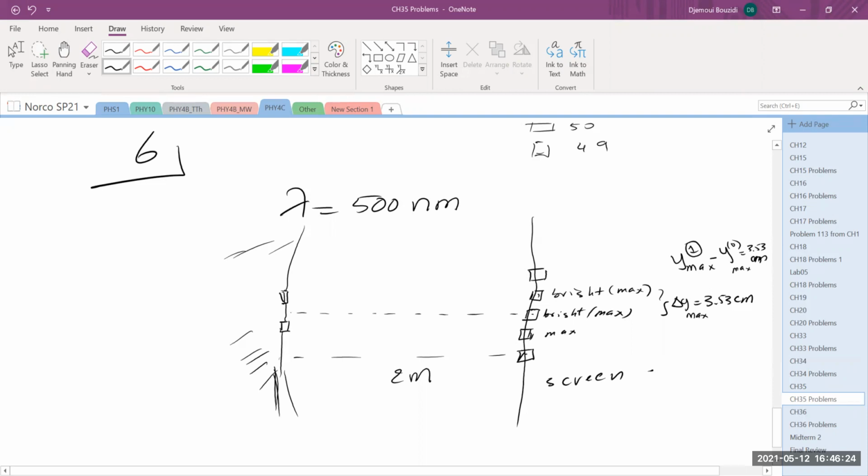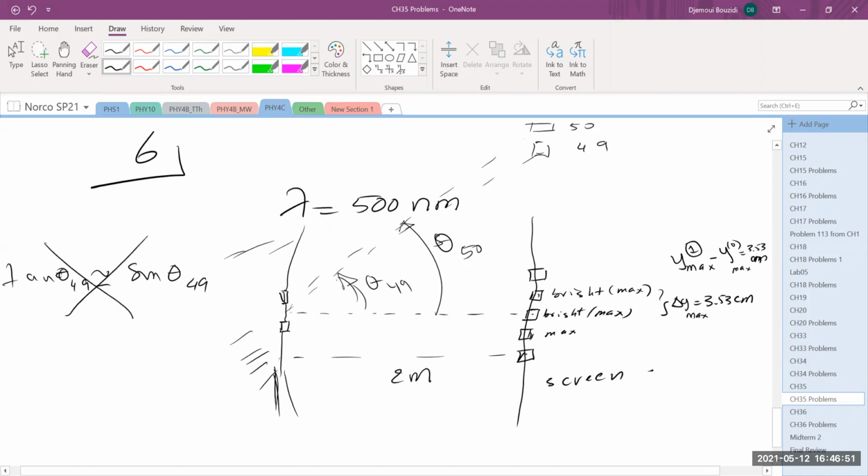Okay. So this distance at the end is going to be a big distance in here. So I cannot use the small angle approximation for this angle. So this is theta 49, and this is theta 50. I cannot say that tangent of theta 49 is very small so that its tangent is equal to its sine.